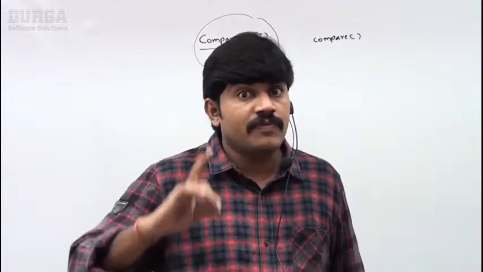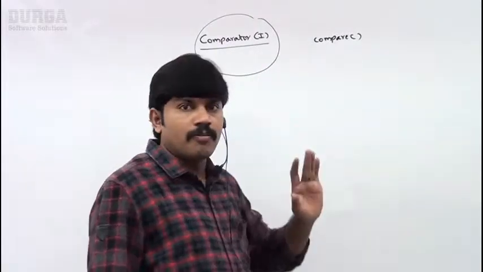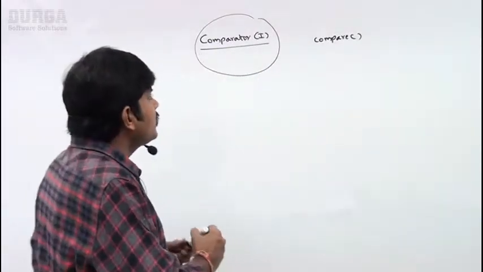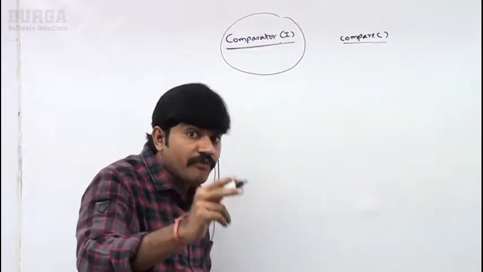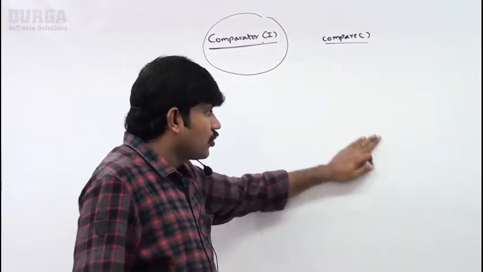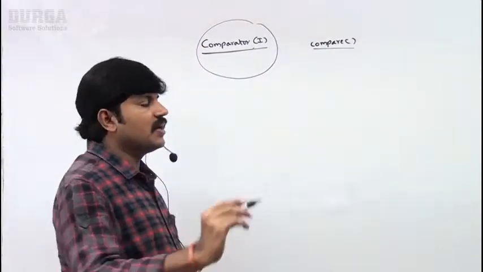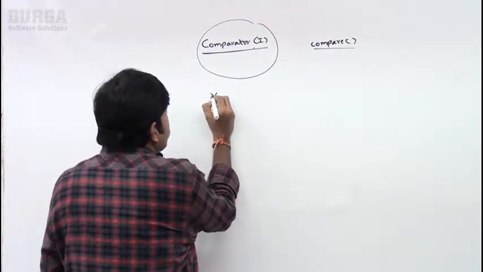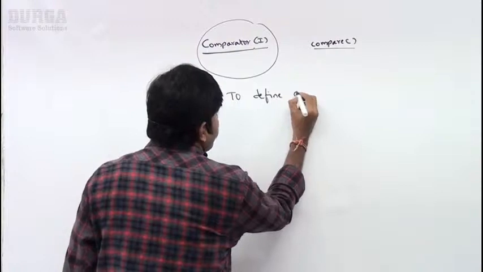No problem at all. Now, sir, Comparator contains the compare method. When is this compare method going to be required? What is the use of this Comparator concept? Simple, sir. The Comparator concept is to define our own sorting.